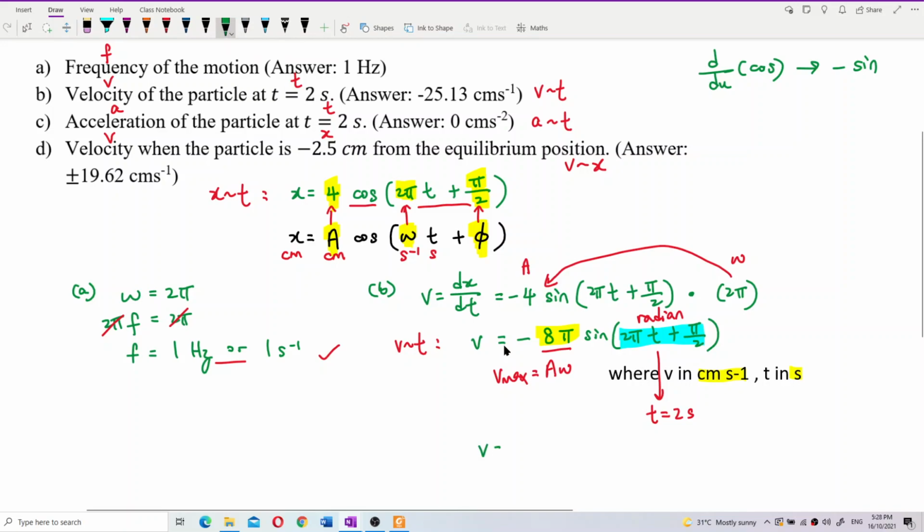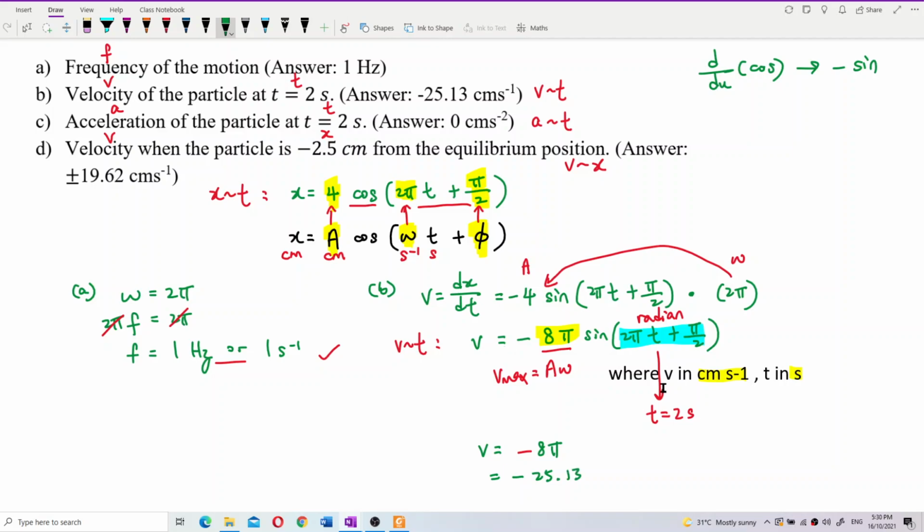So now I straight away write down the velocity. I get the answer, still a negative value, negative 8 pi, which is negative 25.13.